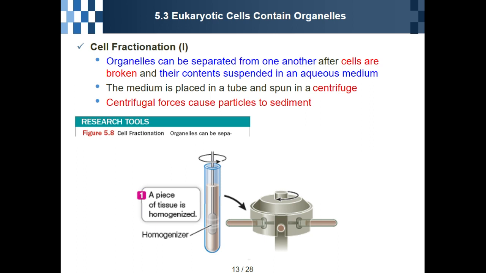We use the homogenizer to break down cells, so organelles can be separated from one another after cells are broken. After the cells are broken, their contents will be suspended in this aqueous medium.